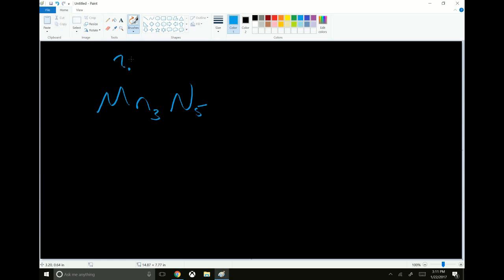Well, for nitrogen, it's fairly straightforward. You go to the periodic table, and you have nitrogen, oxygen, fluorine, neon, 1, 2, 3. That gives nitrogen a 3- charge. Or, let's go ahead and make it -3.